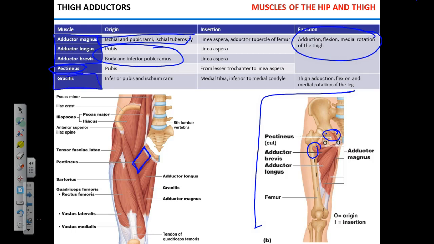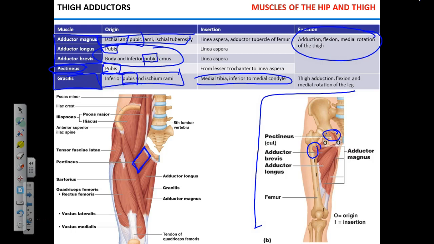Gracilis. A muscle that is fairly easy to remember. Origin is in the pubis. Insertion is the medial tibia. You can see gracilis. It goes practically vertical on the medial aspect of the thigh, number 15. Okay. By the way, you can notice that all adductor muscles, all of them, originate, at least partially, at the pubis.